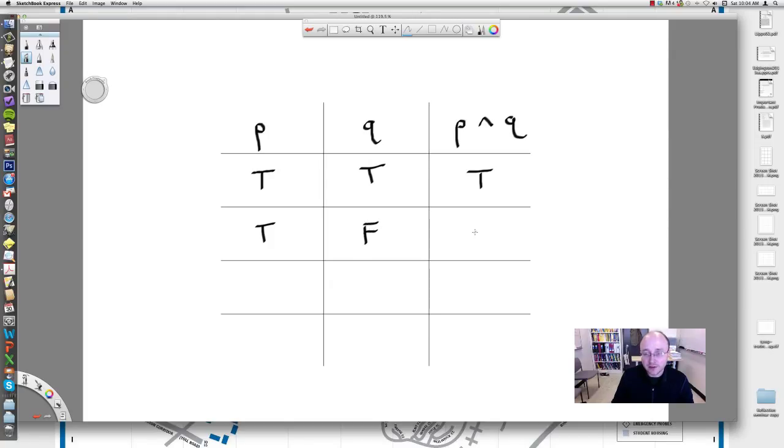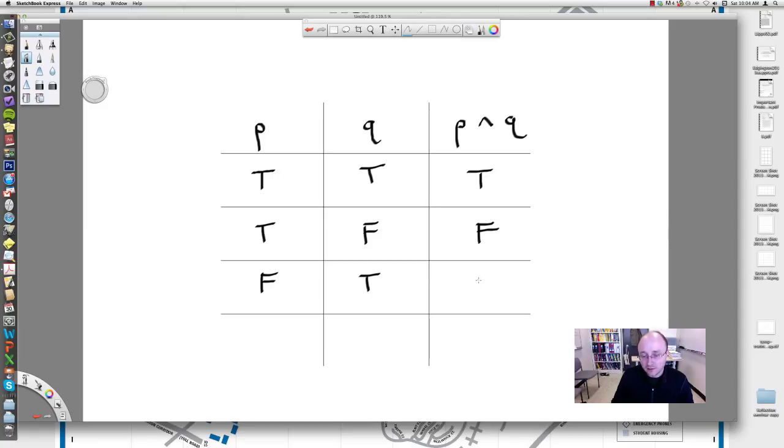And naturally, what you write in the third column is false. Because if Q is false, then certainly P and Q had better be false. Then in the third row, what we do is we consider the other possibility where one is true and the other is false. Namely, we go false, true.